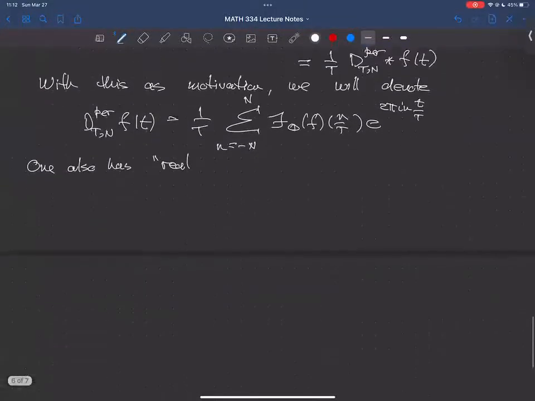Okay, and the real Fourier series looks like this. It's the same series, but you're just using different functions, cosine and sine, to express it instead of the complex exponentials, right? And the formula looks like this.